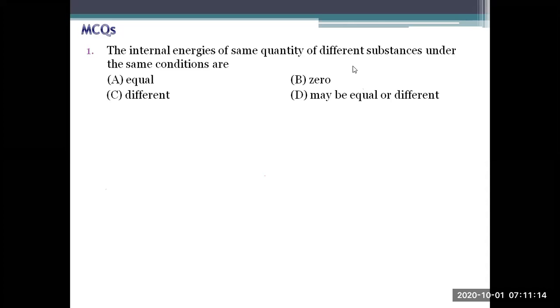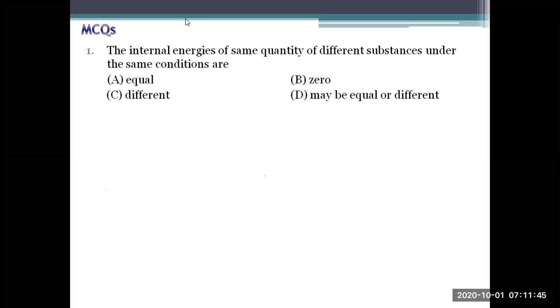Everything is the same, but the substances are different. Some say equal. Nikita says different. What could be the reason? Because they have different enthalpies. If enthalpy is different, internal energy is also different. Yes. Okay. From the equation delta H equals delta U plus.